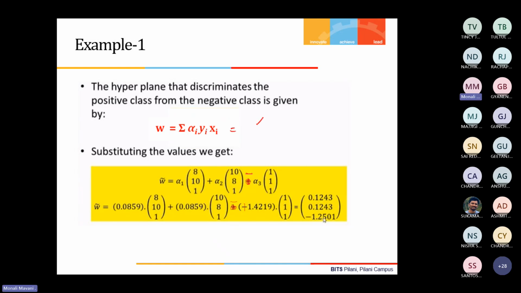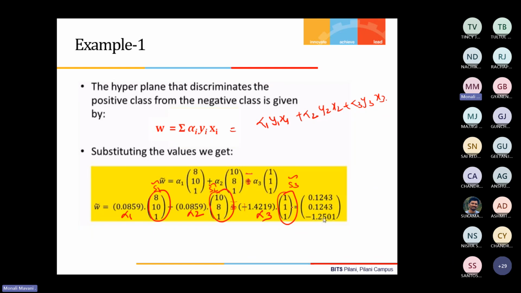So W is alpha 1, Y1, X1 plus alpha 2, Y2, X2 plus alpha 3, Y3, X3. Here X1 is nothing but S1, this is S2, and this is S3. We have alpha 1, alpha 2 and alpha 3.